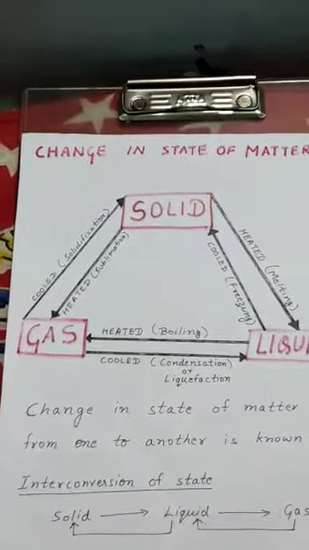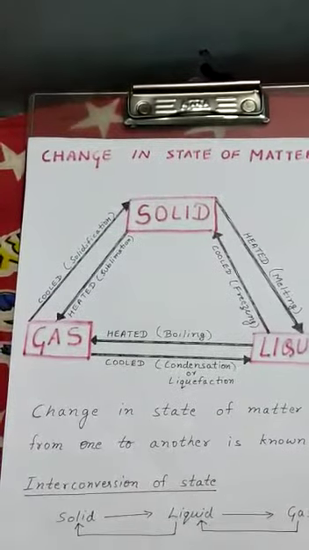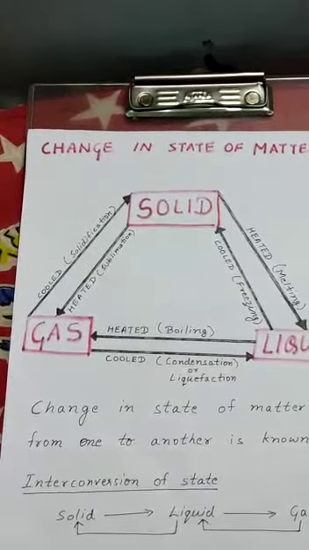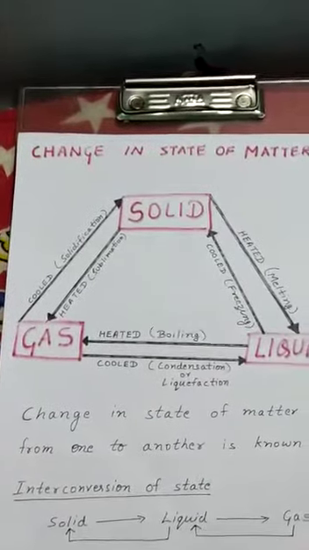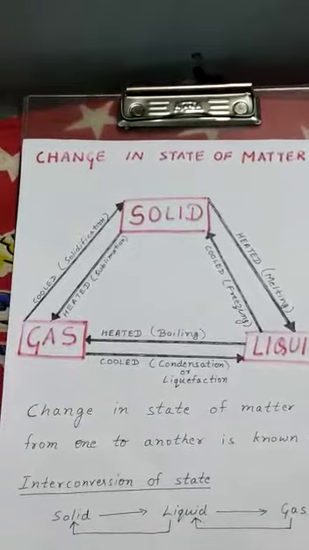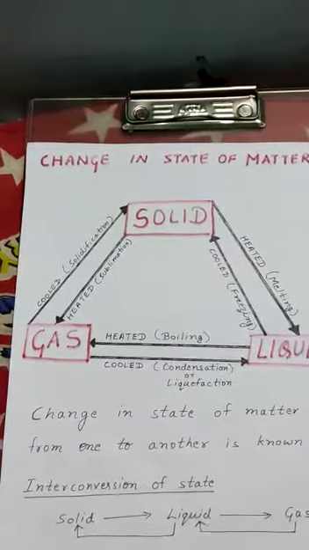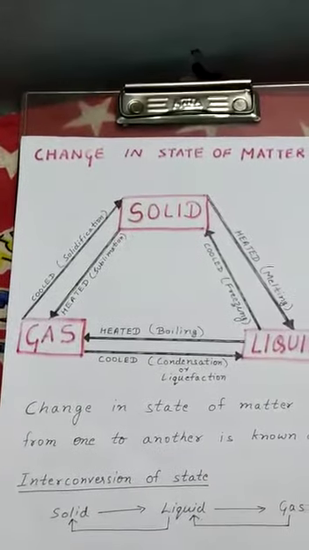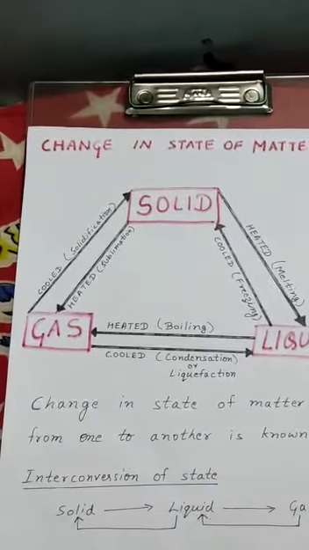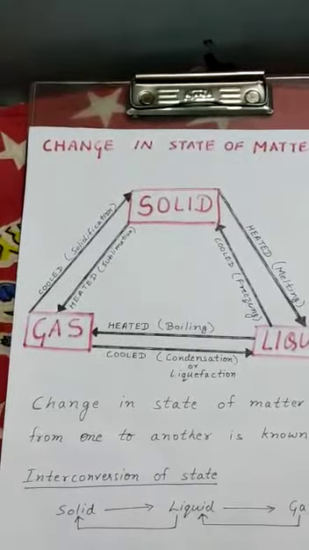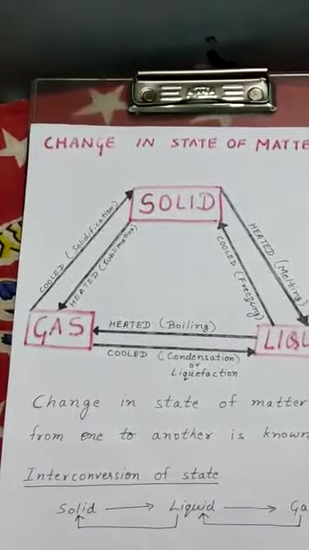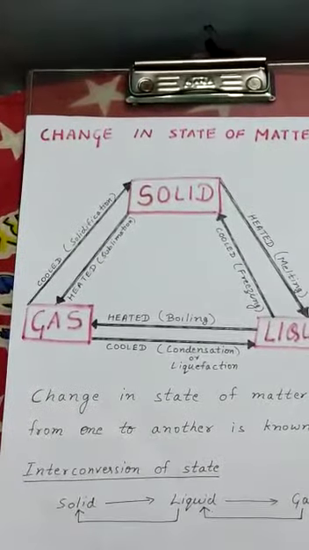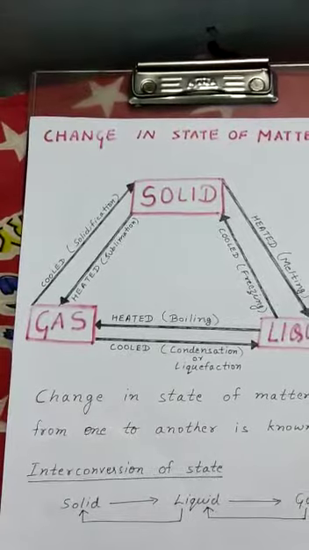On the other hand, if this boiling process is reversed, that is, the water vapors formed are being cooled, then they again get converted into liquid, and the process is known as condensation or liquefaction. Clear? So this is the second interconversion, where liquid is converted into gas when heated and gas is converted into liquid when it is being cooled.